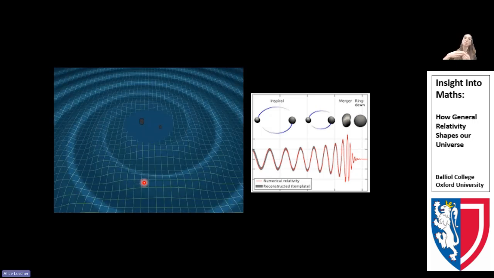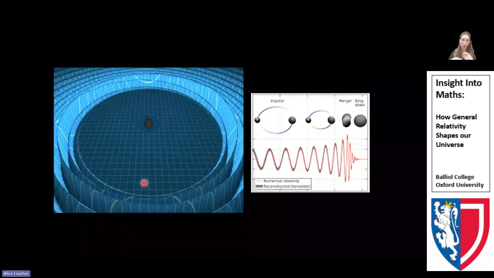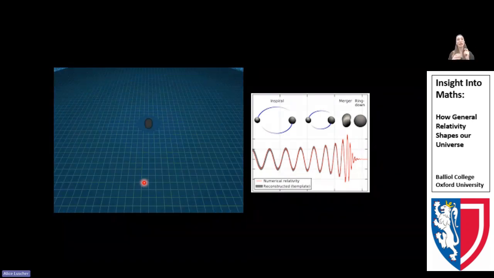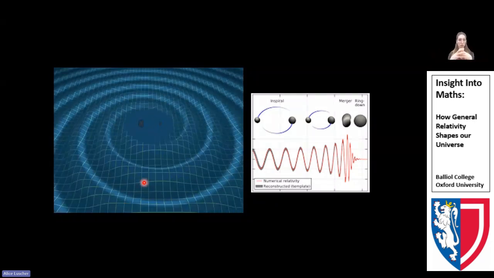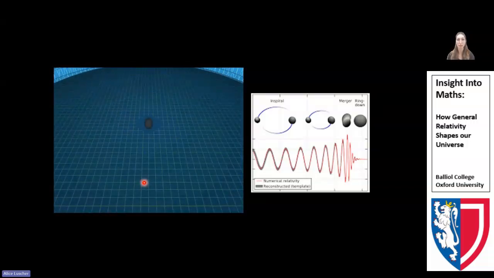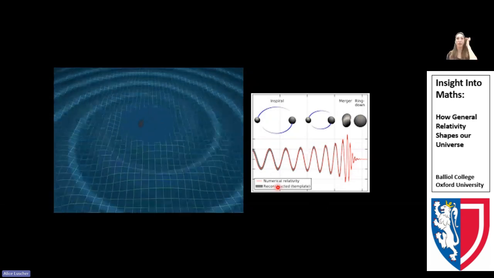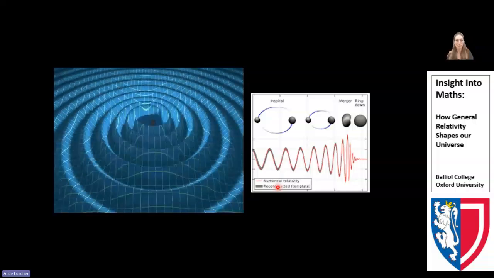But then it's going to emit more energy in the wave. So it's going to get closer, so it's going to get faster, so it's going to emit more. And that is this accelerated spiraling process that happens until eventually the two black holes merge into a single object, and that marks the end of the event. So again, coming out of Einstein's equation really quite easily, at least in principle.